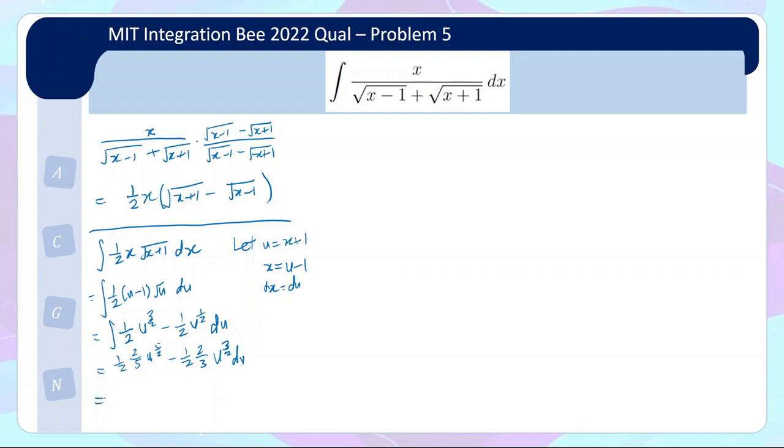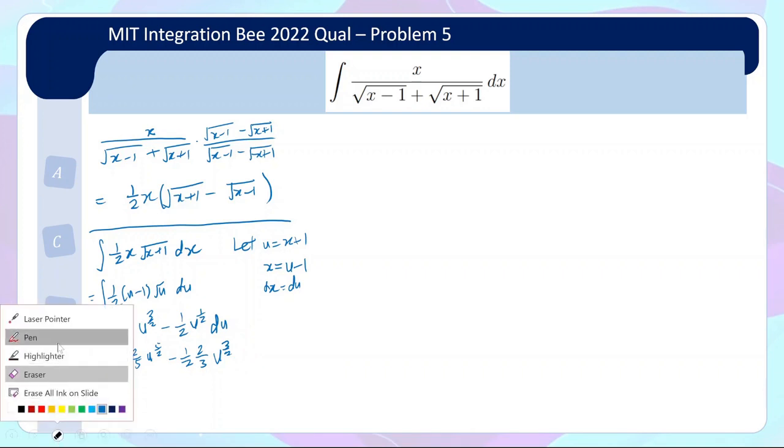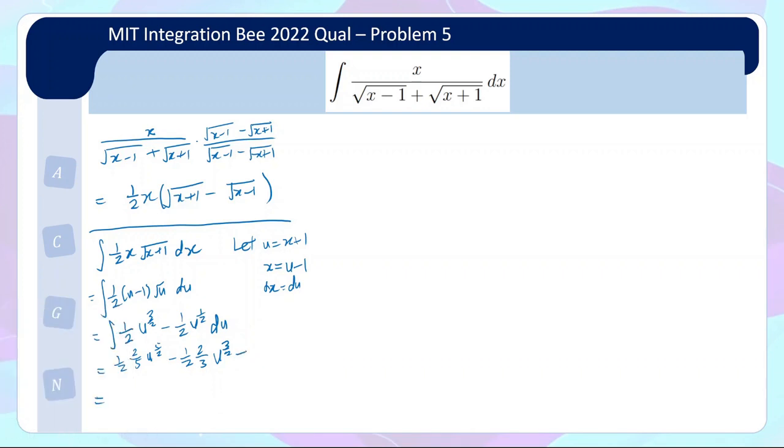And lastly, plus c, of course. Okay, and then lastly, substitute back what is u. So this is 1/5. u is x plus 1, so this is (x plus 1) to the 5 over 2 minus 1/3 (x plus 1) to the 3 over 2 plus c.